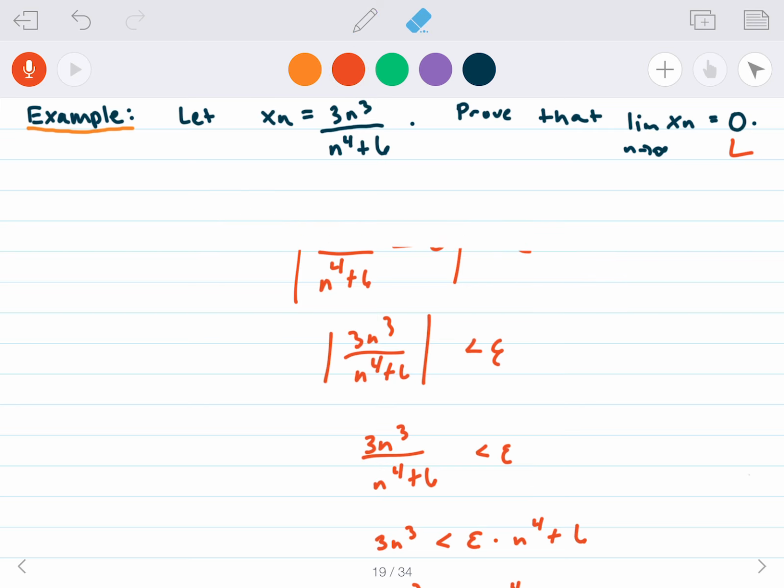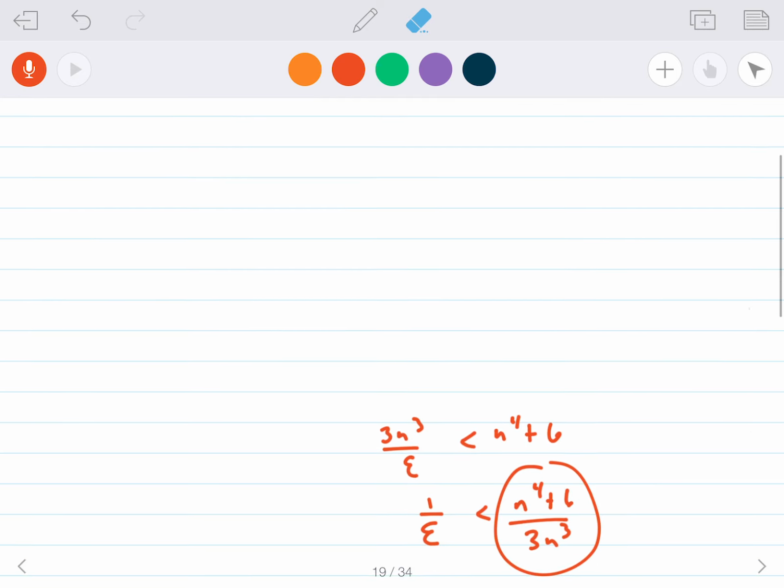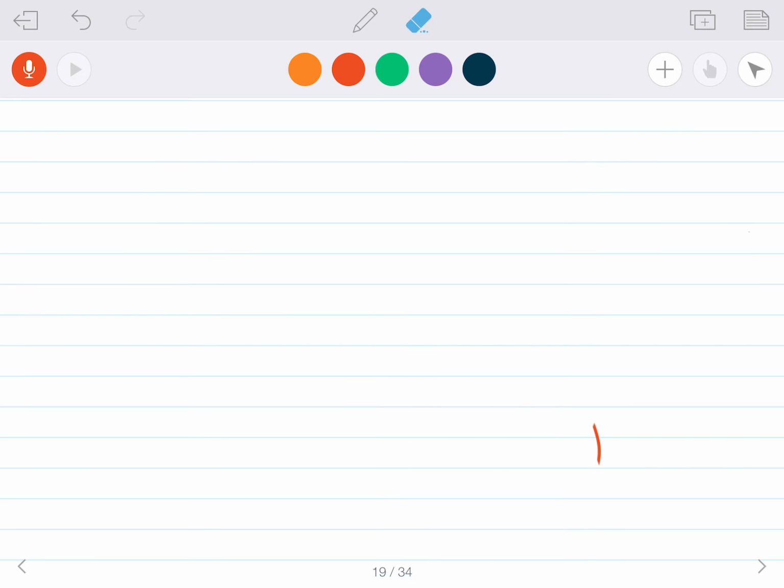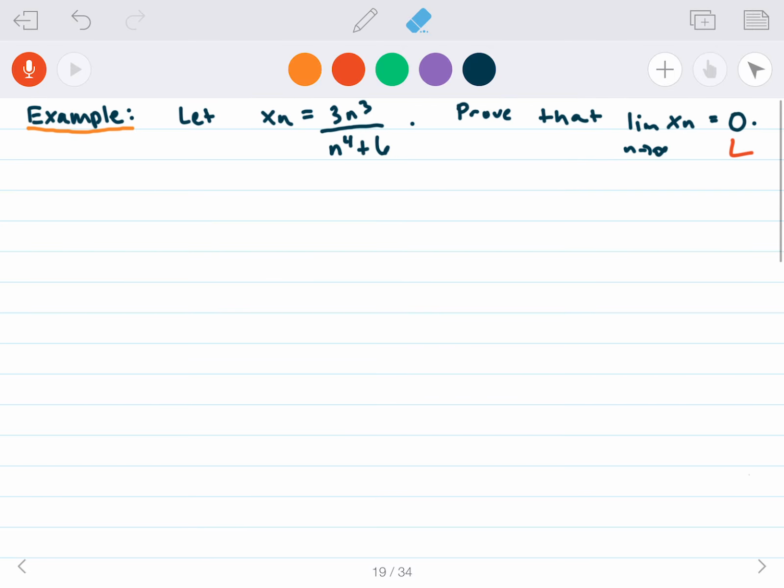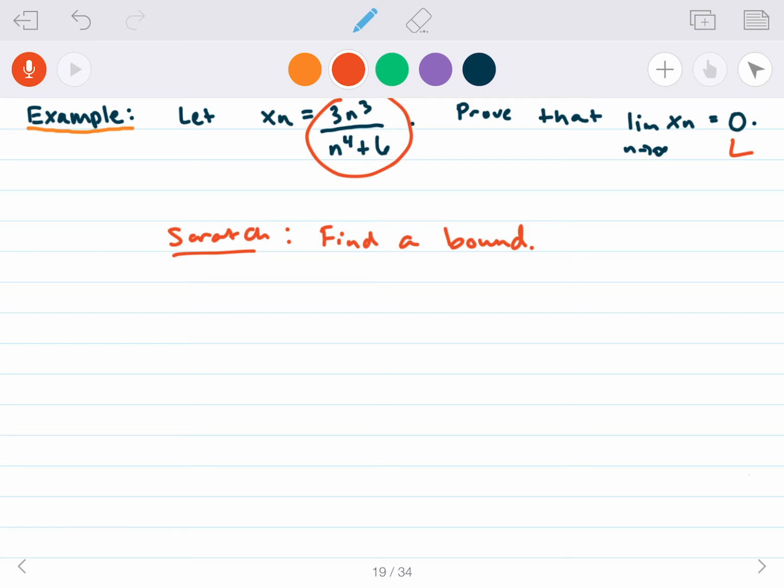So let's erase everything that we've done. And we're going to try to find a bound here so that we can get something simple so that we can choose our capital N in a smart way. So here's some scratch. Find a bound. We want to find a bound since we couldn't get little n isolated. Well, if we look at our sequence here, we know that on the bottom, little n is a natural number, right?